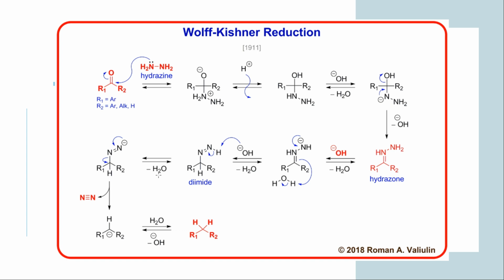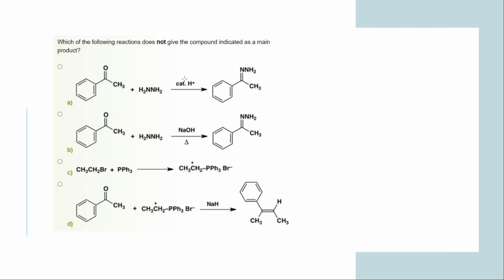Okay, it will further convert the product into an alkane, and this reduction is known as Wolff-Kishner reduction, which was developed in 1911. So, thus, option B is not showing the correct product that is being formed in the reaction. We already got that, okay?